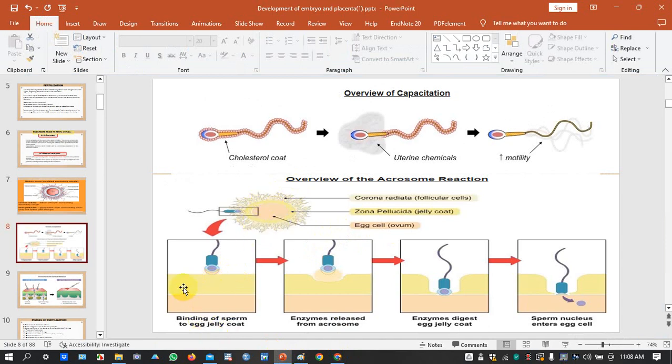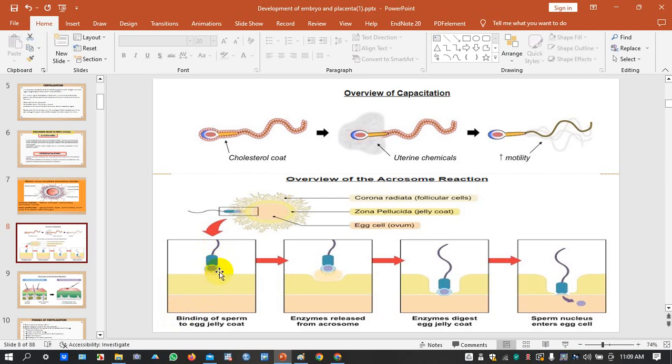This yellowish thing is the zona pellucida, and this is the egg inside, the orange color. And this is the sperm, and this is the acrosome. This yellow thing here on the head of the sperm is the acrosome. And this is the genetic material or cytoplasm of the sperm.